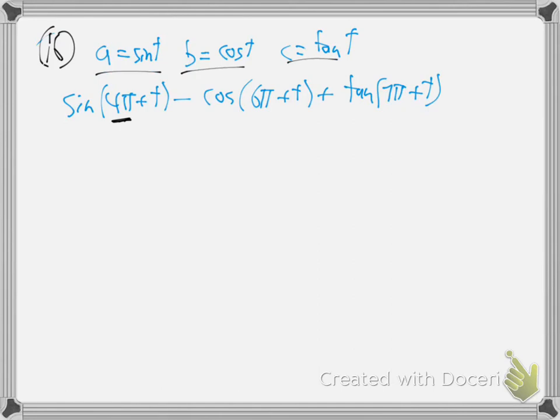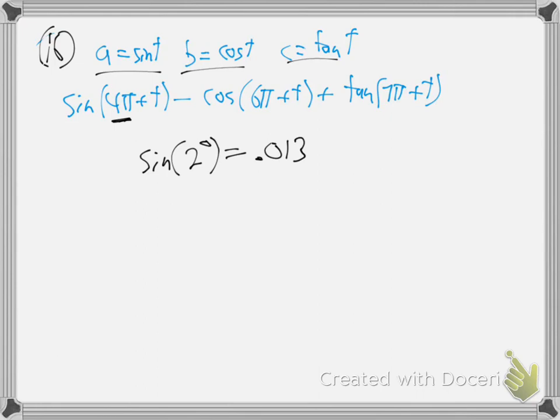But okay, now what's with this 4 pi thing? How do I do 4 pi plus t? What if I said, hey guys, the sine of, I'll just make up an angle, 2 degrees is 0.013. I have no idea what it is, I'm just making it up.